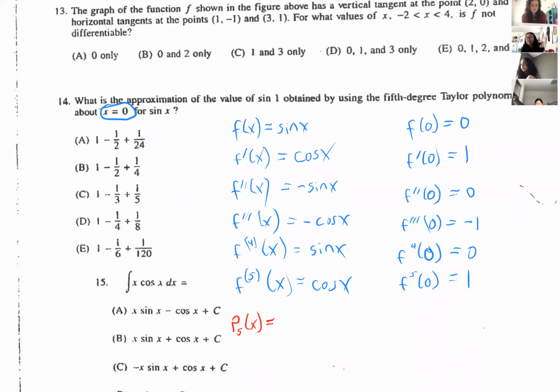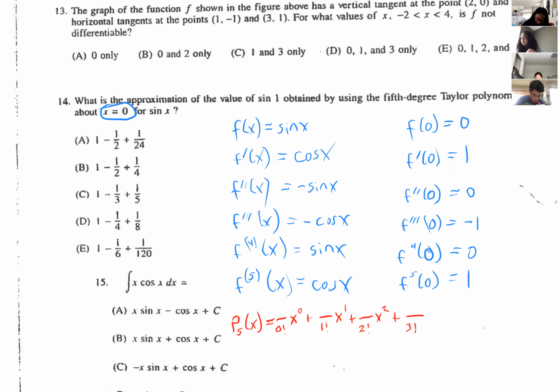Okay, so it's going to be something over 0 factorial x to the 0 plus something over 1 factorial x to the 1 plus something over 2 factorial x squared plus something over 3 factorial x cubed plus something over 4 factorial.